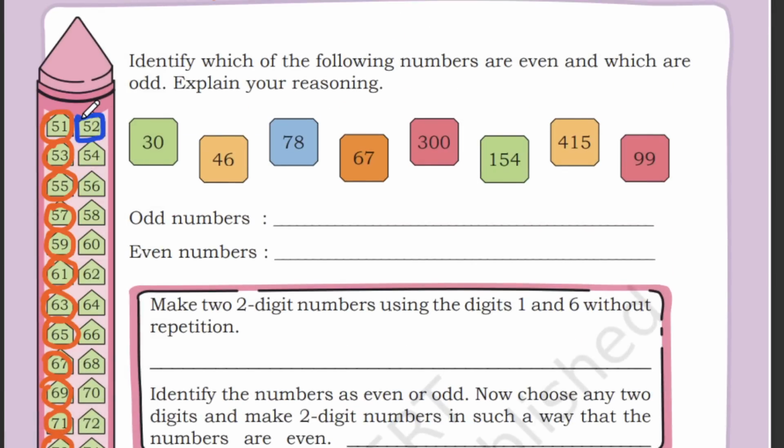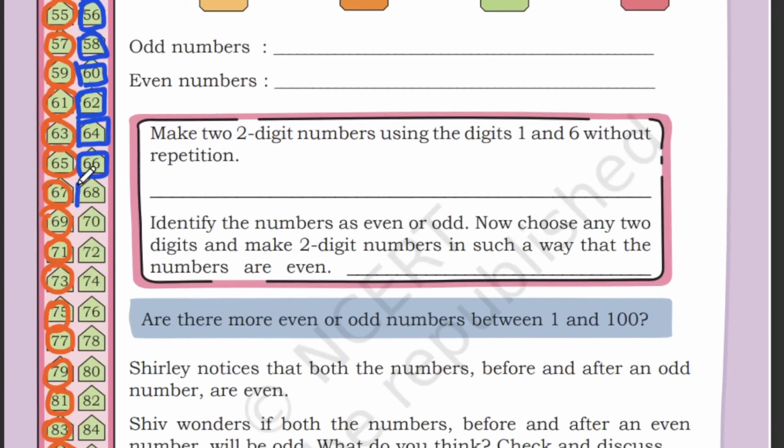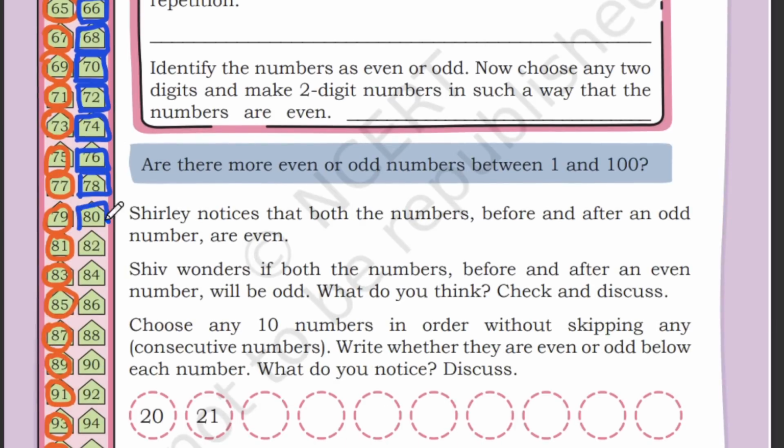So I'm going to put a square. 52, 54, 56, 58, 60, 62, 64, 66, 68, 70, 72, 74, 76, 78, 80, 82, 84, 86, 88, 90, and we have 92, 94, 96, 98, and 100.